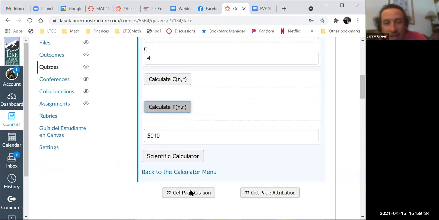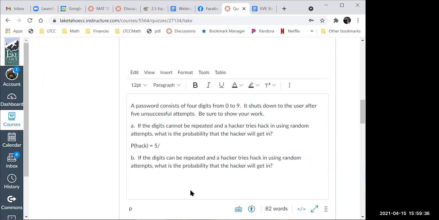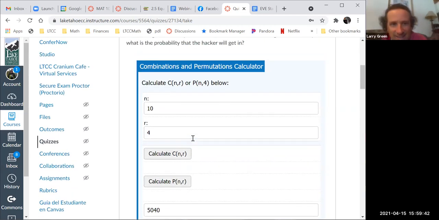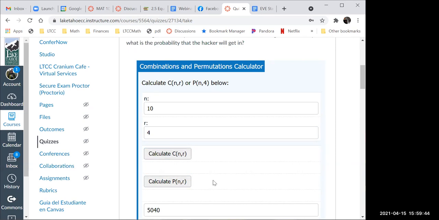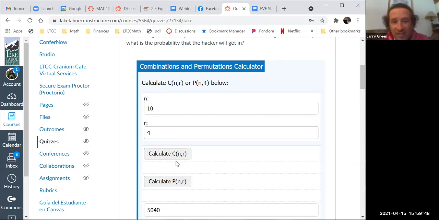So it's 5040. Wait, go back up to the calculator. How do you determine if it's CNR or PNR? Okay, CNR is when order doesn't matter. So if your password is 1, 2, 3, 4, and the hacker does 4, 3, 2, 1, the hacker's not getting in, right?